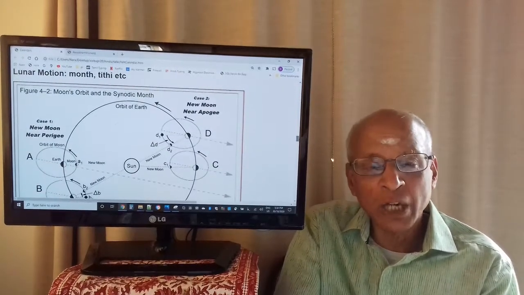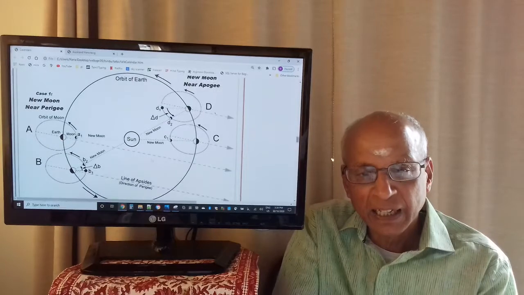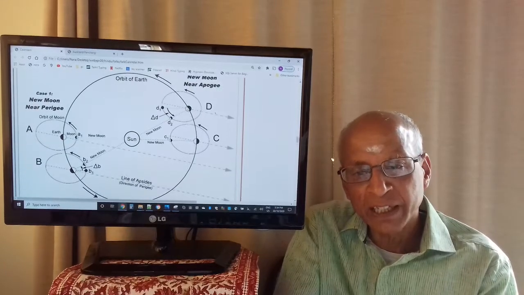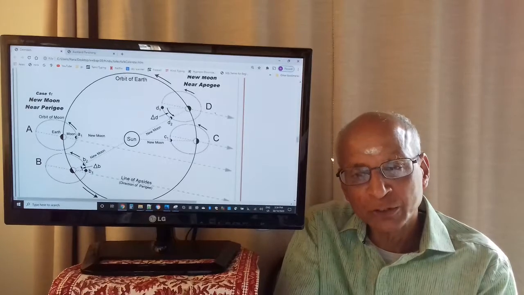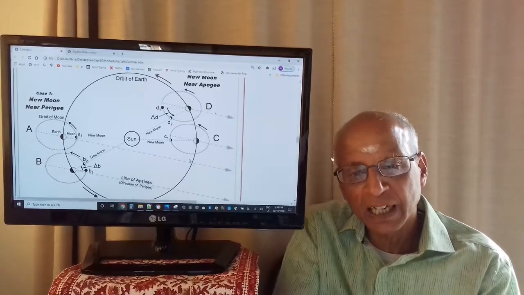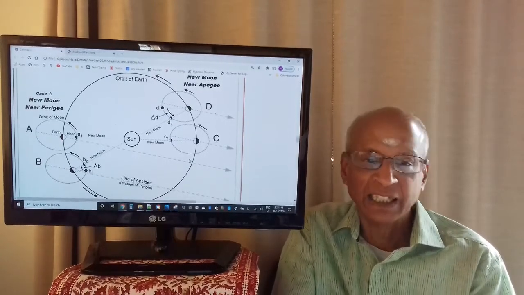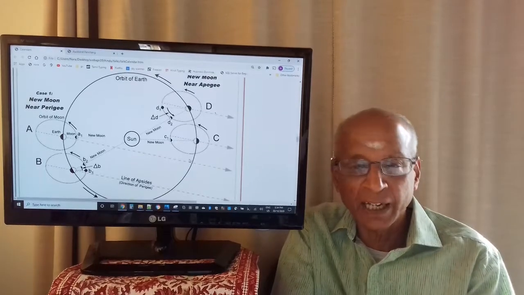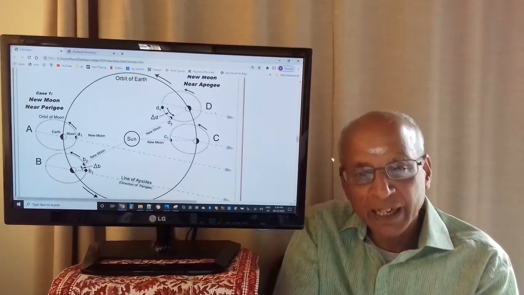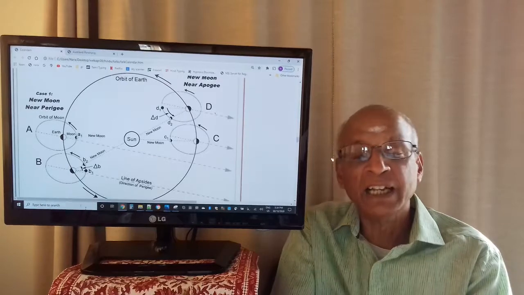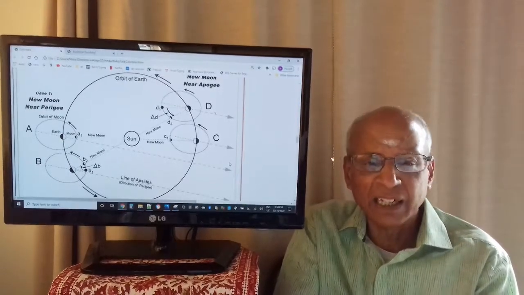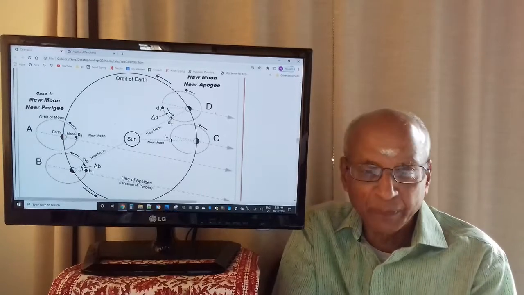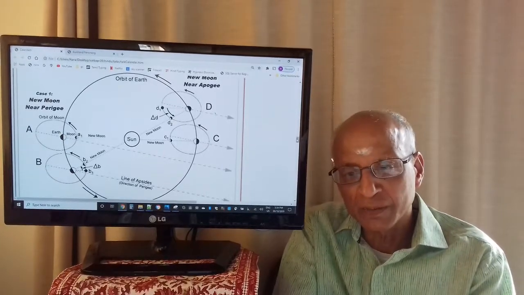In the same way, there is lunar motion with reference to the sun, and the moon rotates around the earth. The moon has its own apogee and perigee, and none of them match. The elliptic motion of the moon in its orbit around the earth, we call it anomalistic. So a lot of variations are involved.